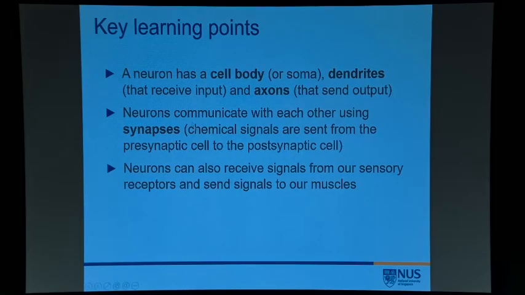And it's at these synapses that chemical signals are sent or released by the presynaptic cell and detected by the postsynaptic cell. And then neurons can also be specialized to receive signals from our sensory organs or to send signals to our muscles.